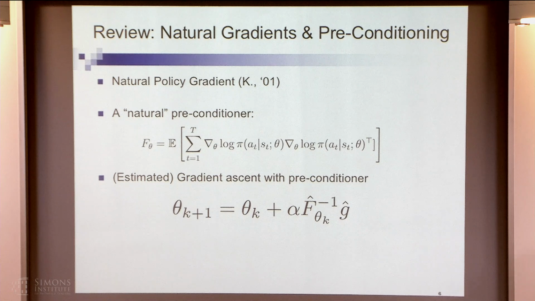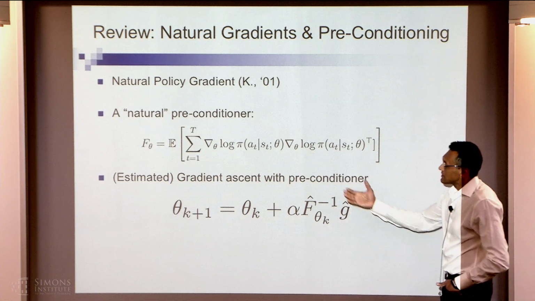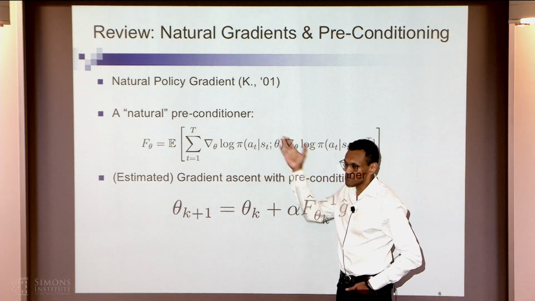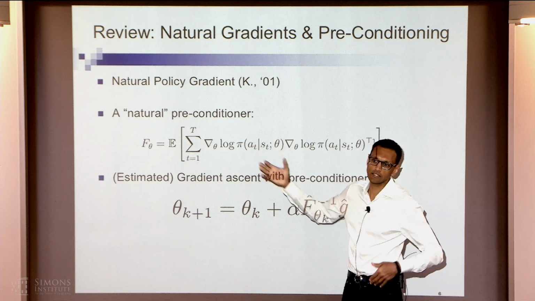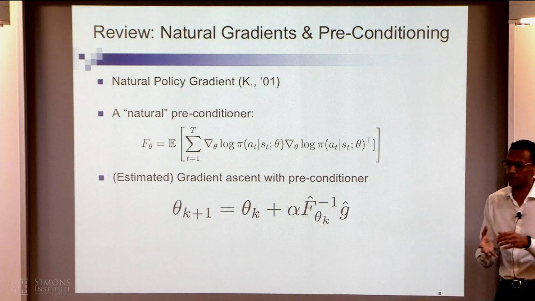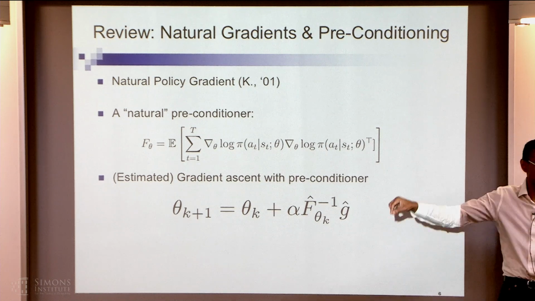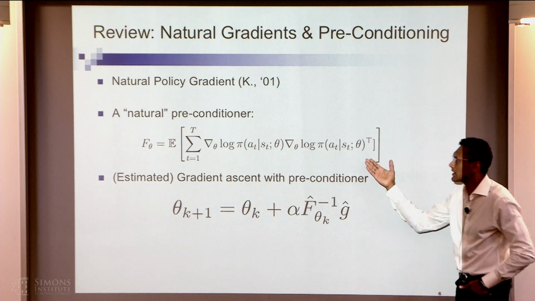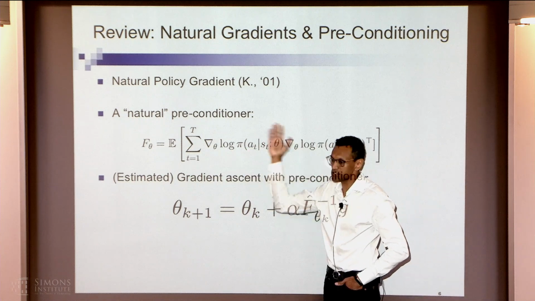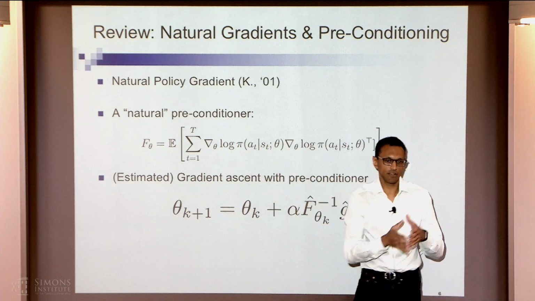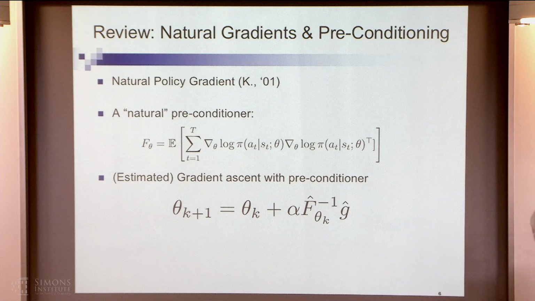And in these settings, because you're parameterizing a probability distribution, it makes sense to take into account the fact that you have a mapping from your parameters to a probability distribution, and this probability distribution takes you to reward. So basically, what's often done is you precondition with something like a Fisher information metric based on this distribution.